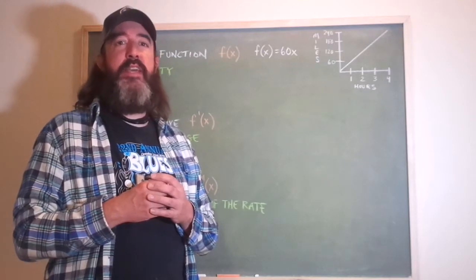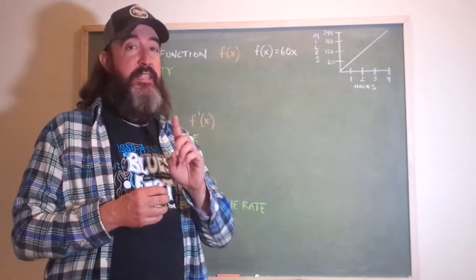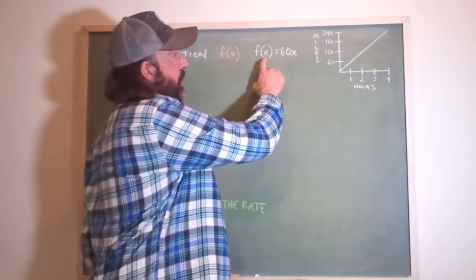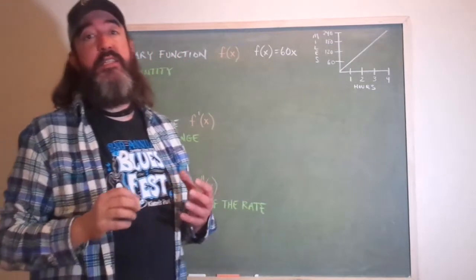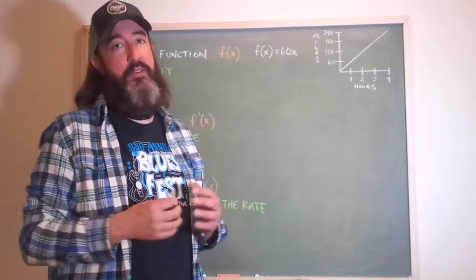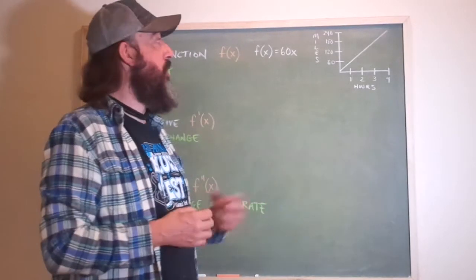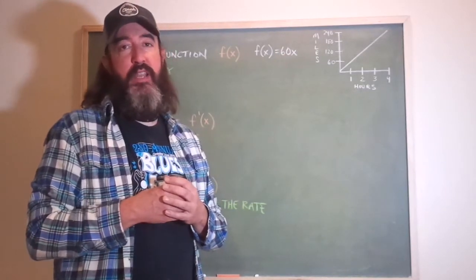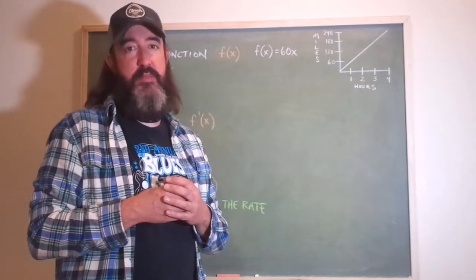Let's start by looking at a simple example. Imagine a car is driving at a speed of 60 miles per hour. It's never speeding up and it's never slowing down. Well, here, f of x is a primary function that will give us the distance the car has driven at any time we want. I could evaluate f of 1. 60 times 1 is 60. I know after 1 hour of driving, this car has traveled a distance of 60 miles.